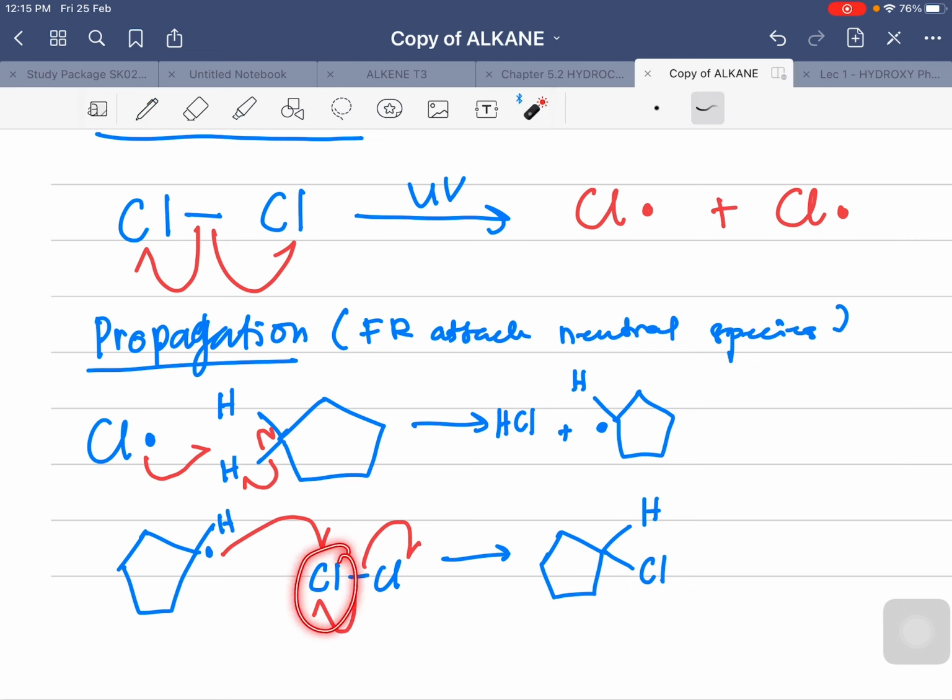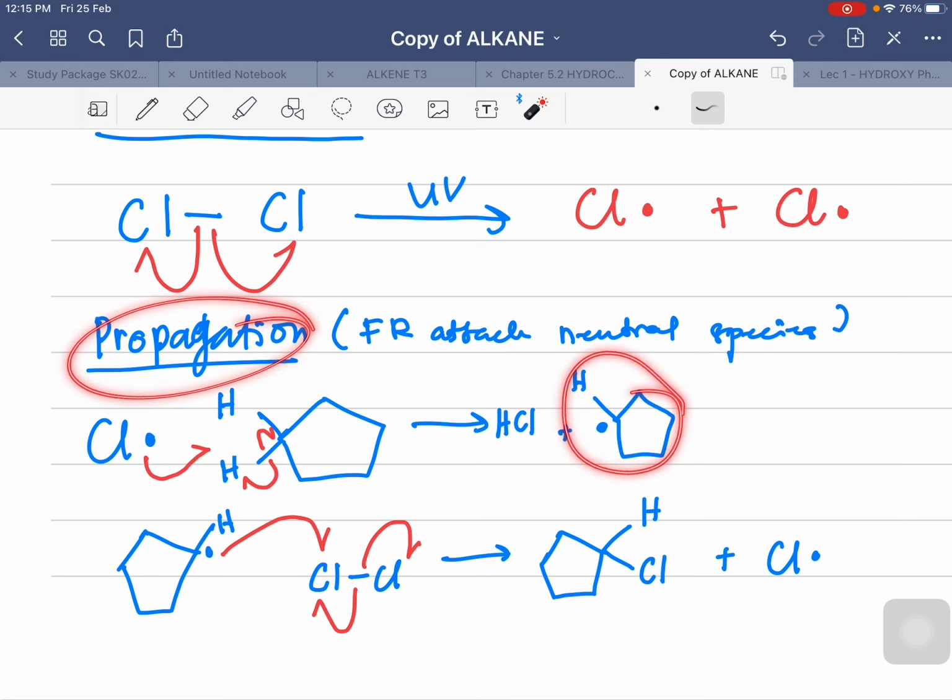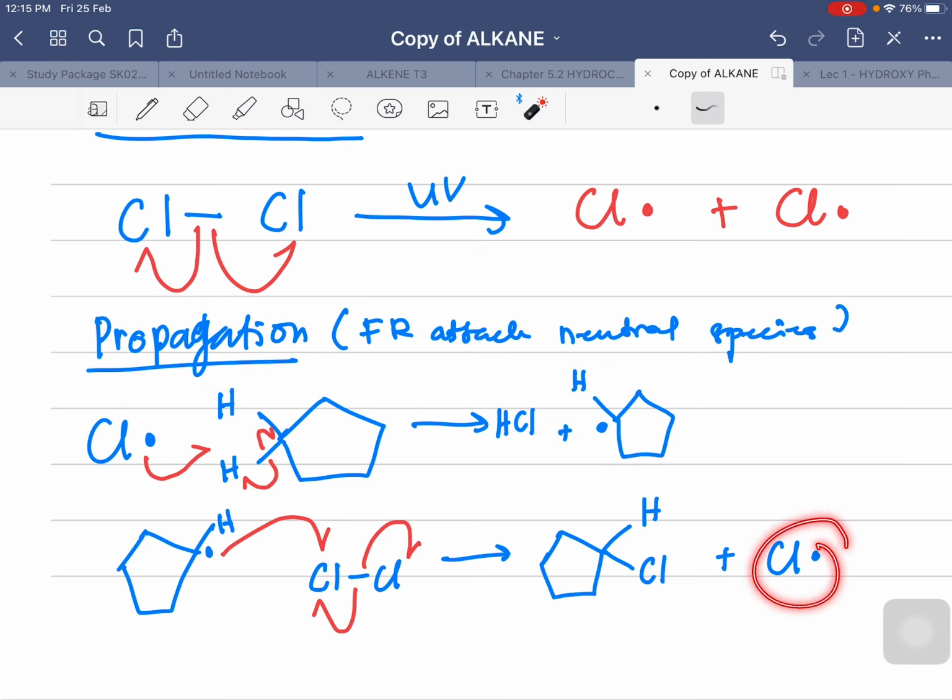Chlorine radical bergabung dengan alkane radical, so you dapat this one. Another chlorine jadi chlorine radical. Okay, so tindak balas dekat propagation ni menghasilkan radical yang baru. So radical ni keep on attacking another neutral species.